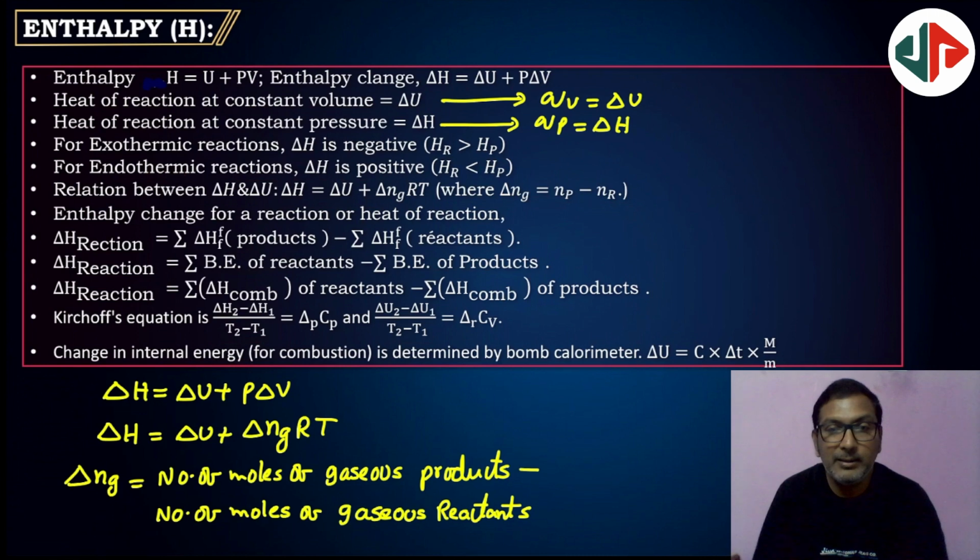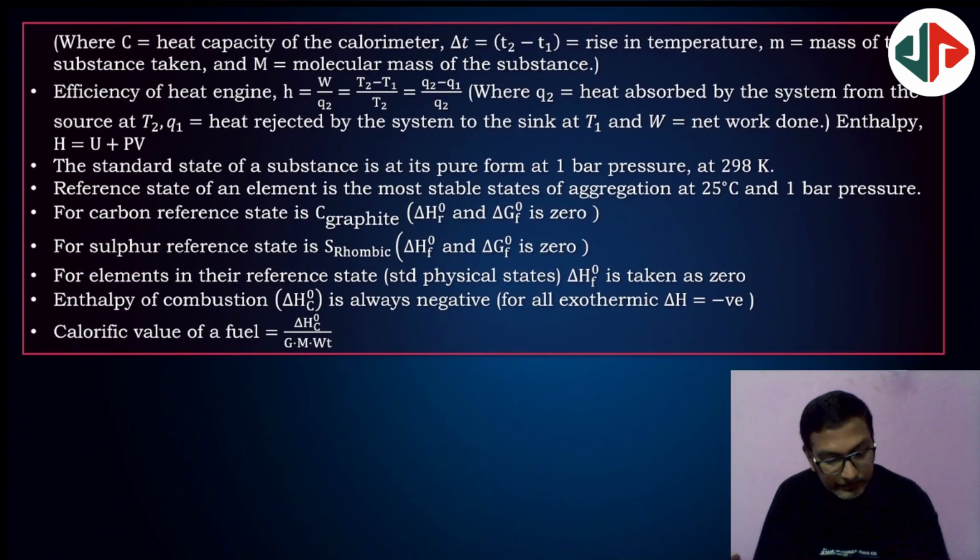Bomb calorimeter. In that, heat of combustion can be calculated. So these are the terms. Change in temperature, M mass of substance, M is molecular mass or atomic mass.